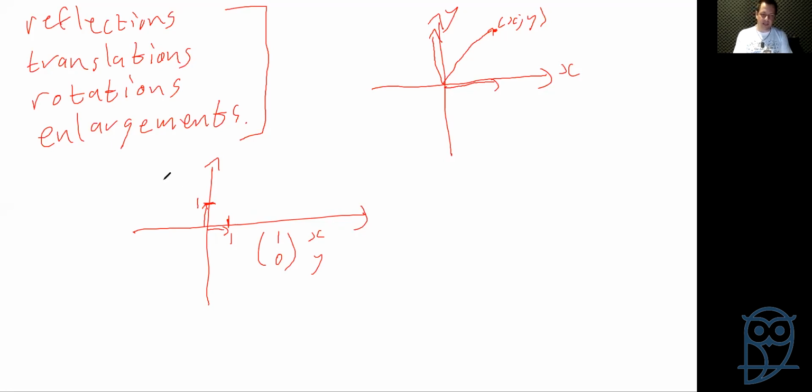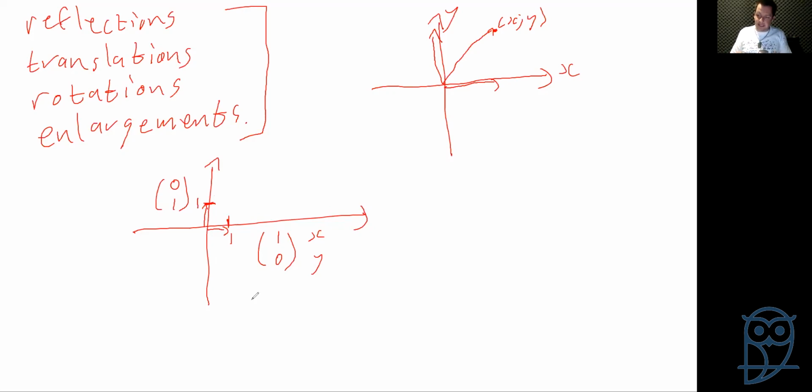This vector over here would be a 0, 1 vector because my x value is 0 here and my y value is 1 here. My x value is 1 here and my y value is 0 here. So to do any transformations, we work on these base vectors, and then we can work out what the change is going to be.